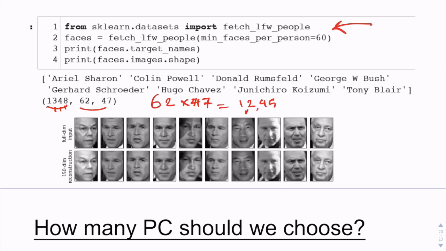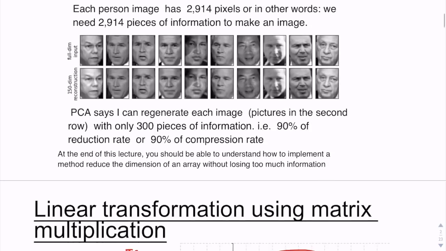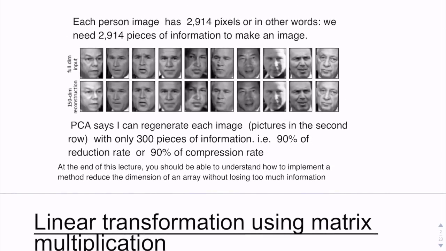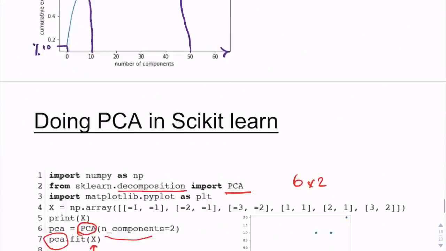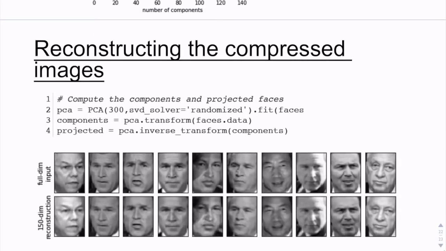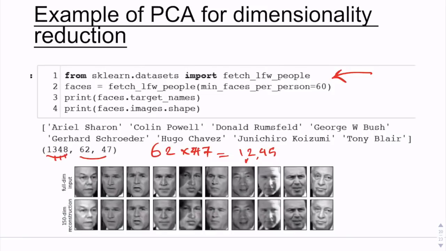I computed this one in the first slide. What was that number? The number was 2,914 pixels. So this is the feature space dimension for each sample.